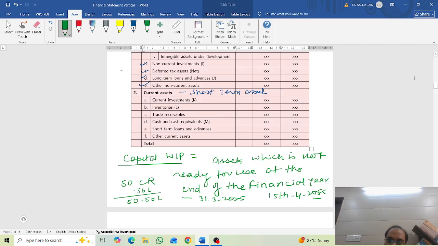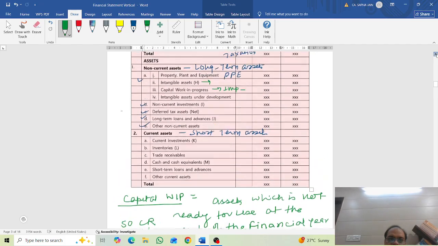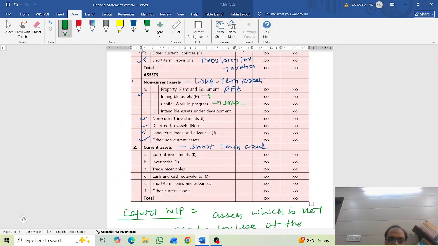Now the fourth part is intangible asset under development, same as capital WIP. Next is the non-current investment. If you invest the money for a duration of more than 1 year, this is called non-current investment or long-term investment.